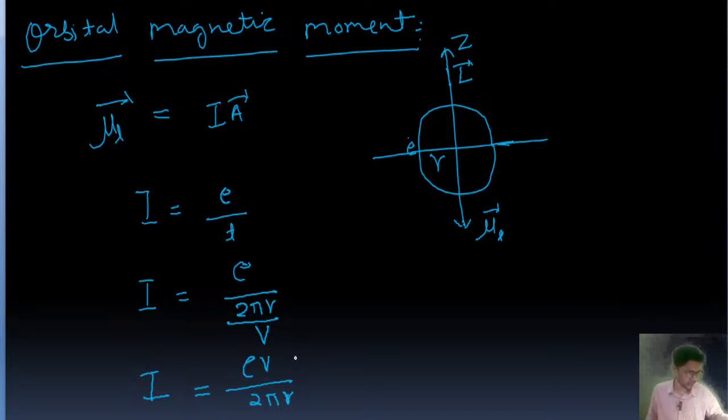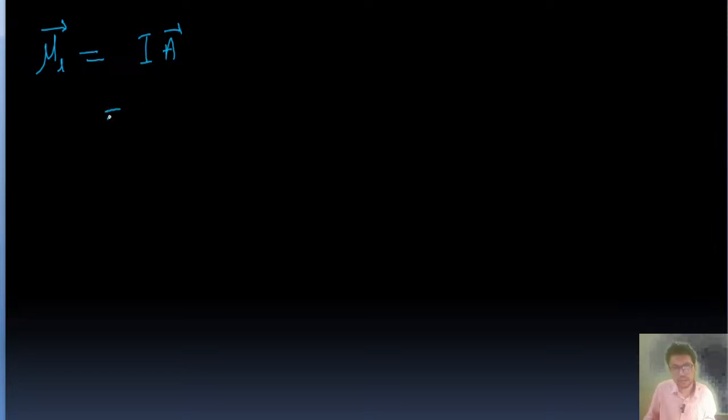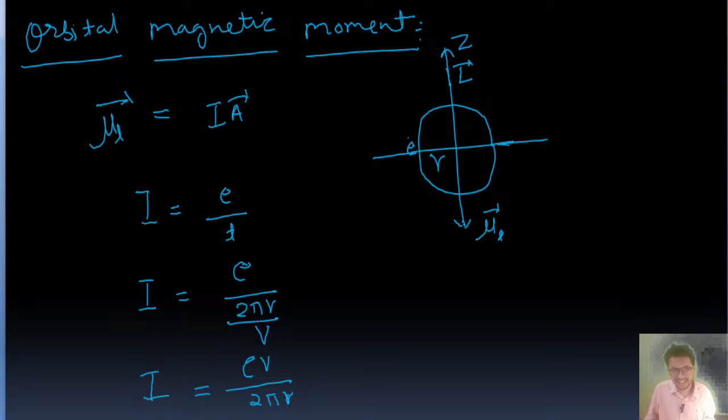Now mu l is I into a. We have the I value, ev upon 2 pi r, into the area. The area of the circle is pi r square.